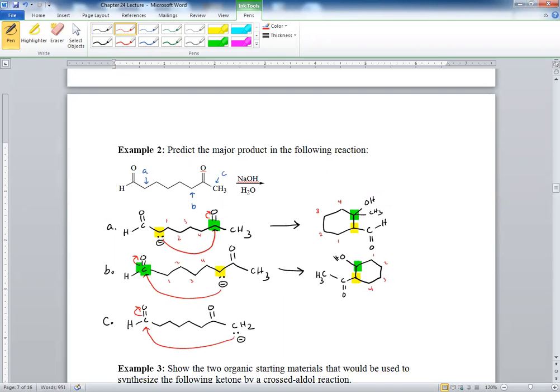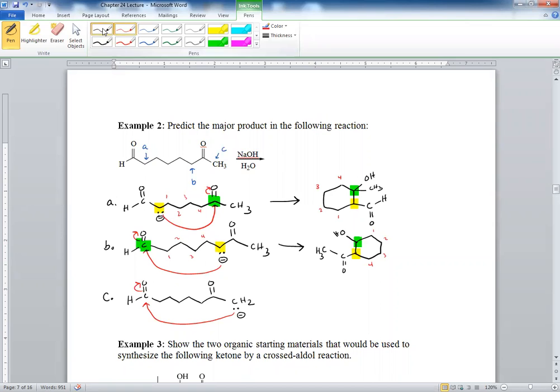It's 2 carbons over now, so you're going to have a bigger ring forming. Let's do this. Now this is going to be inside the ring. So yellow, and green.